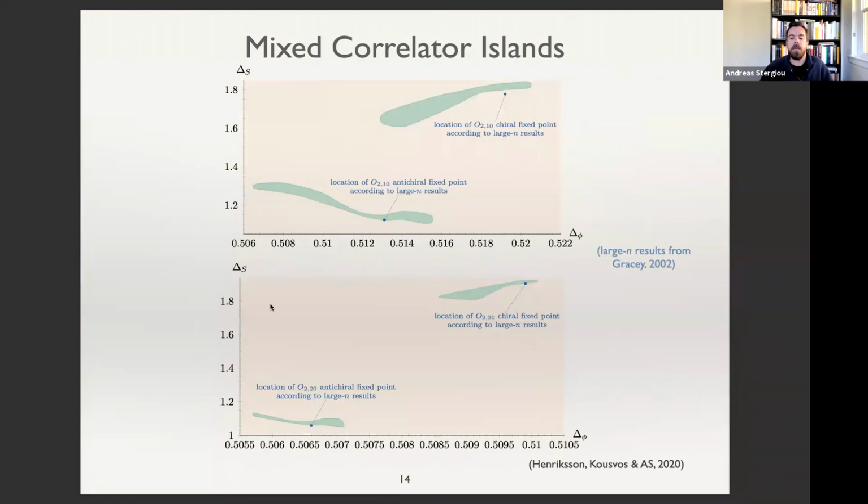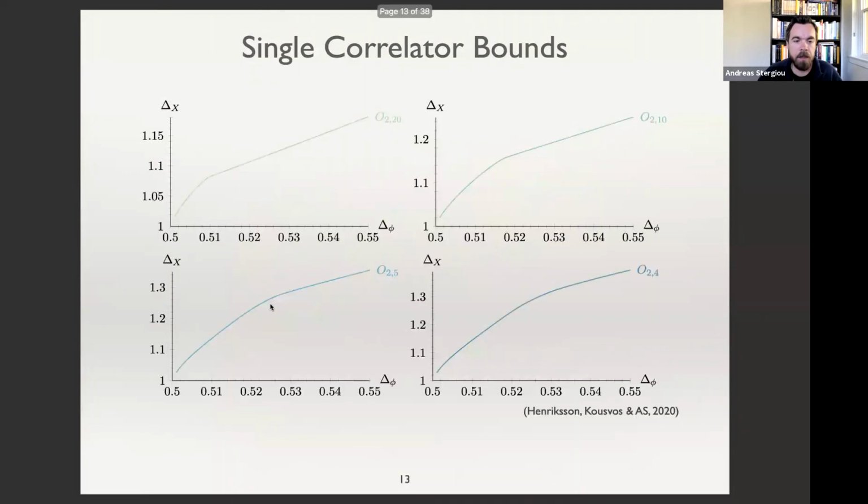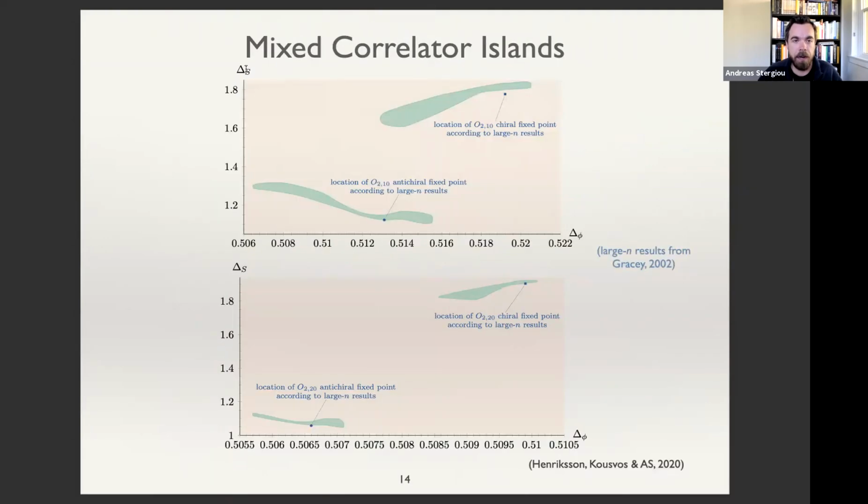And then we did the mixed correlator bootstrap involving this operator that I call phi and the singlet operator S. So when we did that, of course, we had to impose various assumptions, which I'm not going to go into much detail on, and we got these two separate islands, shown here for the 210 theory and the 220 theory.